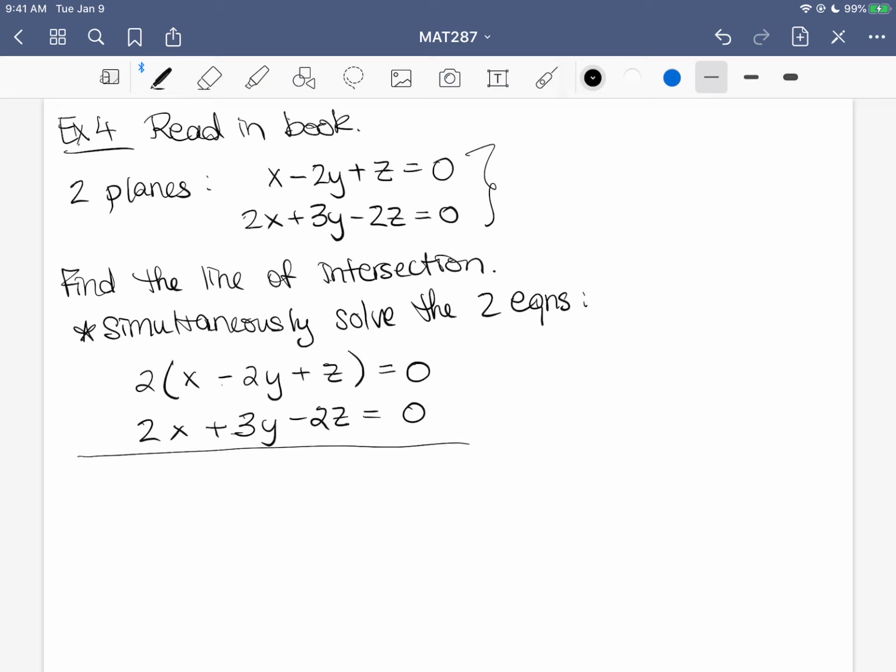And let's add those. So I'm distributing that 2 in. So I get 2x plus 2x, which is 4x. And then minus 4y plus 3y, so minus y. And then the z's cancel, right? Plus 0 equals 0. And so moving the y to the other side, I get 4x equals y.